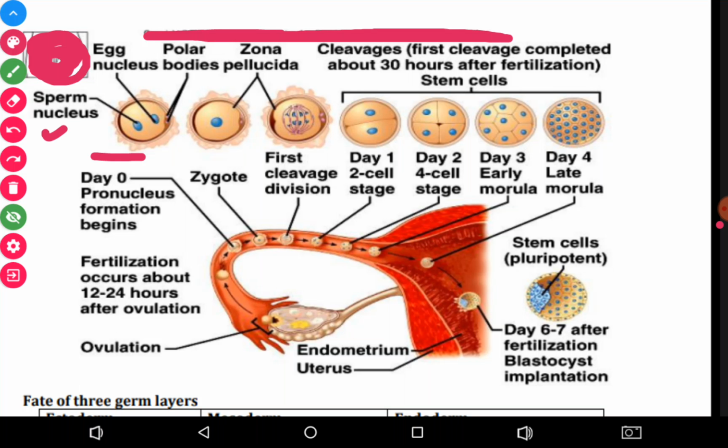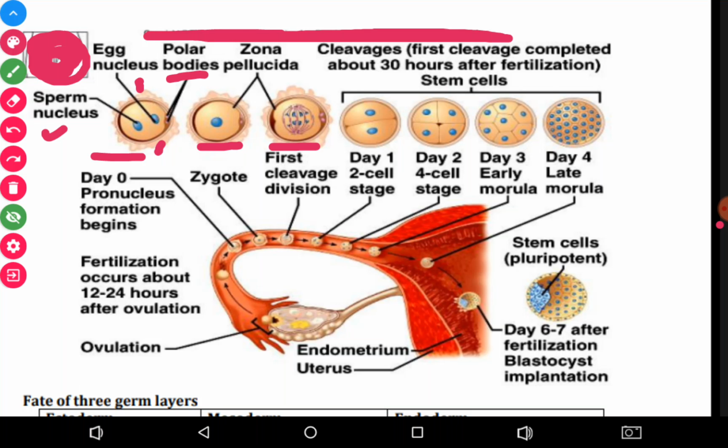So this process takes place at the ampullary-isthmic junction. The sperm penetrates and releases its nucleus into the secondary oocyte. Now the secondary oocyte completes its meiosis second to change into an ootid, or we can say egg, and releases the polar body.